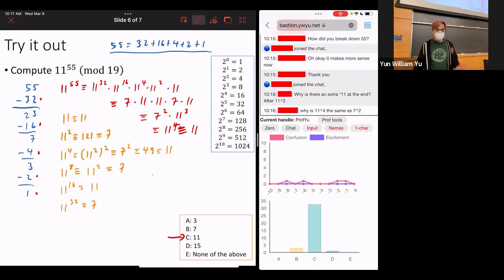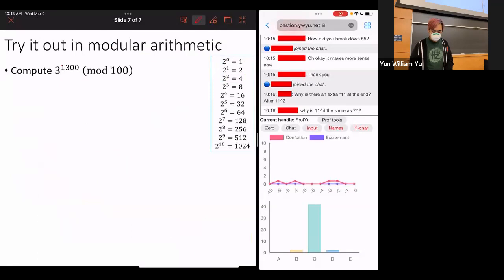Okay, it looks like most people got that. Let's try one more just to make sure we're all on the same page. And then I think that will be it for this mini section. So let's compute 3 to the 1,300 mod 100.